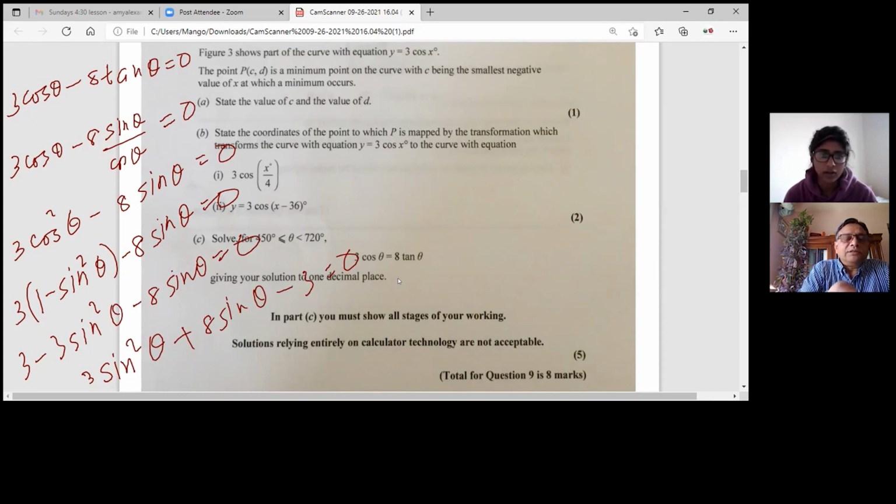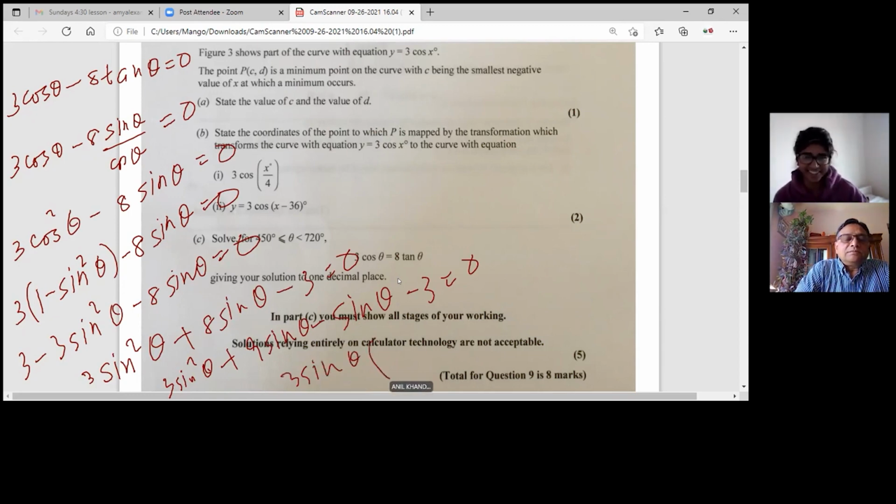So what do you get as the equation? 3 sine square theta plus 9 sine theta minus sine theta minus 3 equals 0, right? So you can take 3 sine theta common: sine theta minus 3, right?